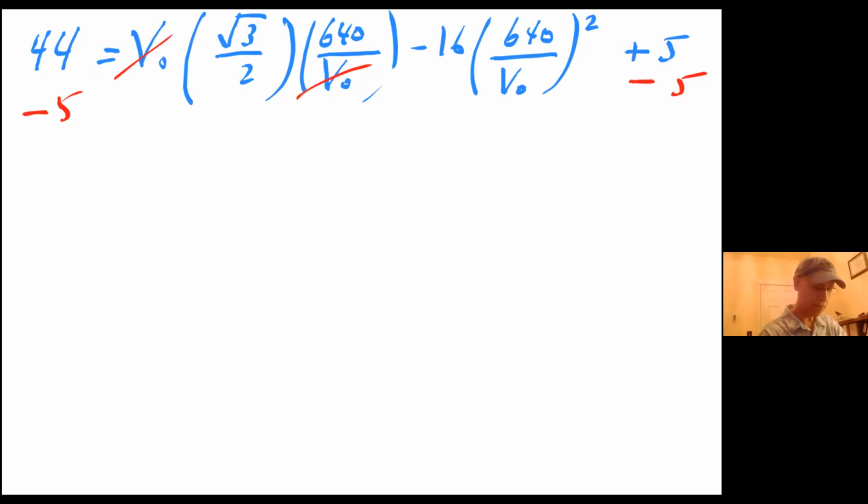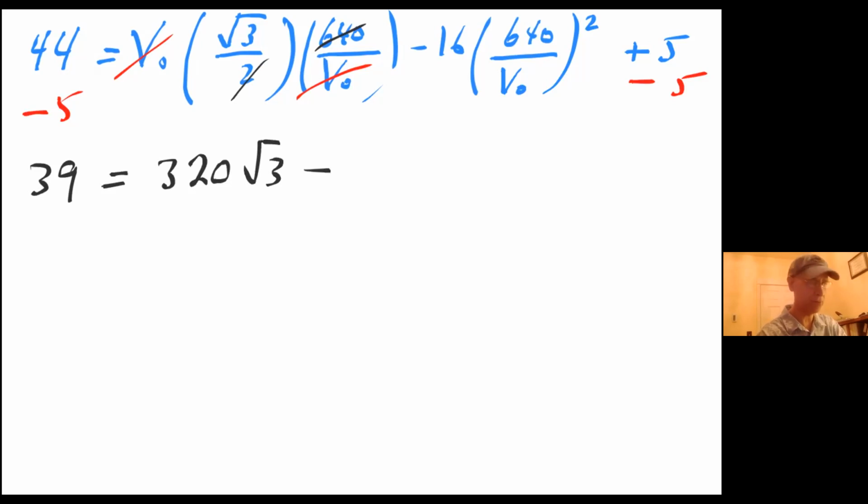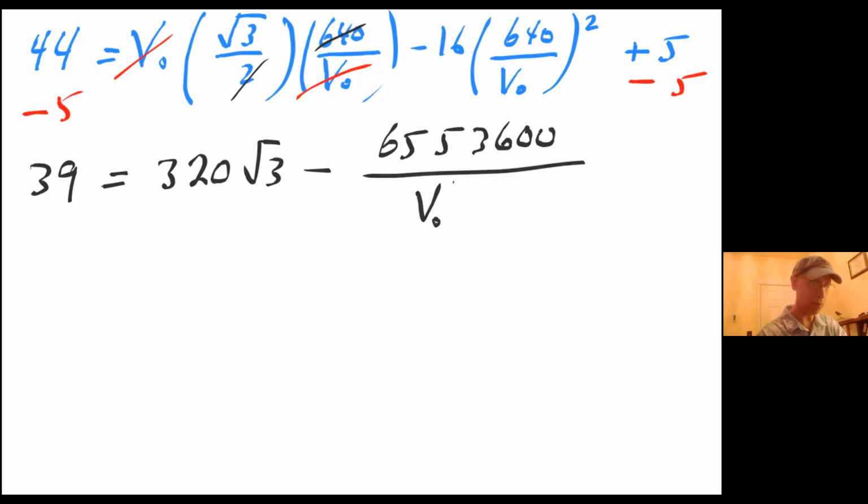Continuing that, I have 39 equals, the 2 cancels with 640, so I have 320 root 3 minus 16 times 640 squared, I already have the calculation, is 6553600 over v naught squared.